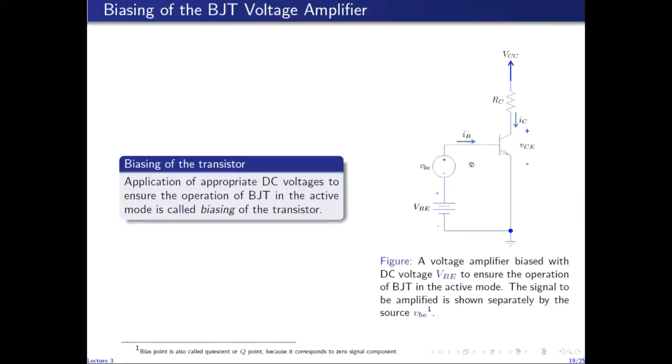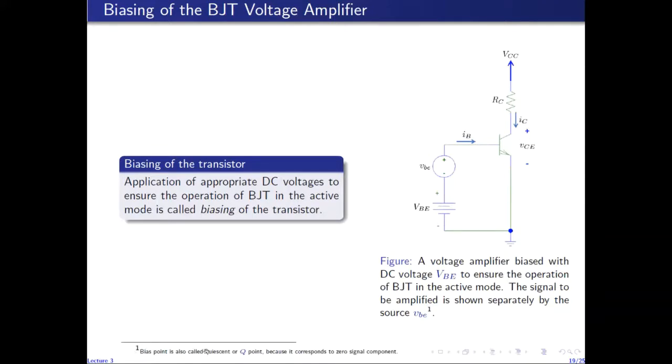The corresponding output voltage VCE, which corresponds to both the signal and the DC input supply, is again given by a mixed signal. The DC content of this VCE, along with the DC content of the output collector current, which again corresponds to the DC input voltage, are called the bias point of the amplifier.